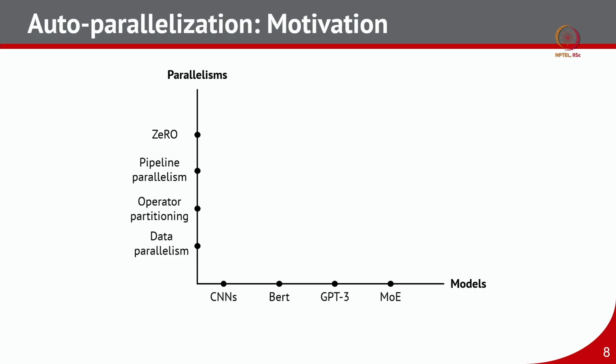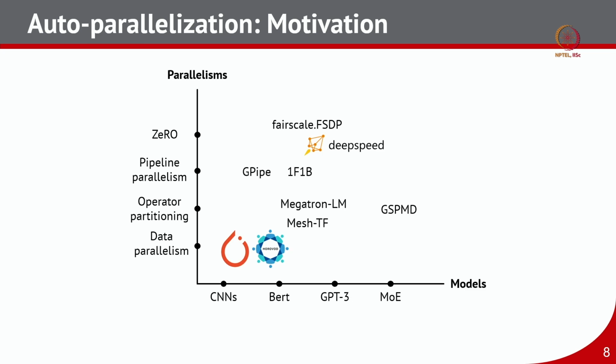So, there exist many parallelization strategies for different models. We already talked about data parallelism, operator parallelism, pipeline parallelism. ZeRO is another technique, a paper you can look up in Google Scholar, which introduces some parallelism. This axis shows different ML models like CNNs, BERT, GPT, mixture of experts.